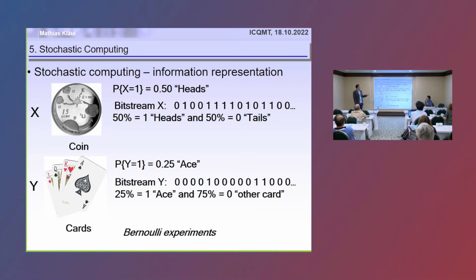So 0, 1, 0, 0, 1, 1, 1, 1, 0, 1, 0, 1, 1, 0, 0 corresponds to 0.5. And for 0.25, you have 25% ones and 75% zeros. So 0, 0, 0, 0, 1, 0, 0, 0, 0, 0, 1, 1, and so on. That corresponds to 0.25. So in a bit stream, we can encode any number between 0 and 1.